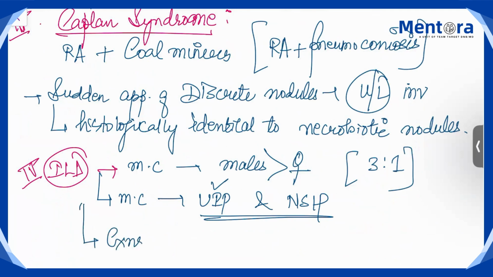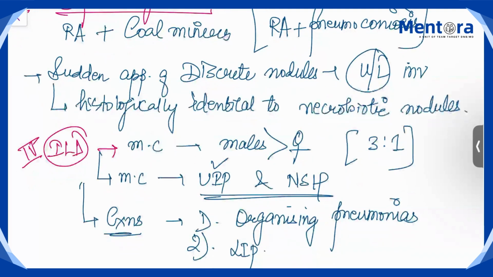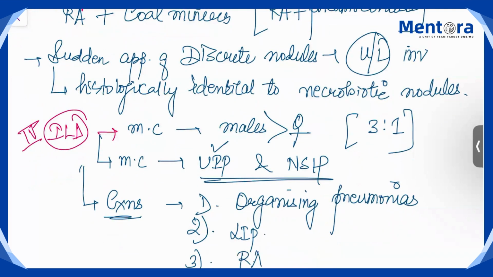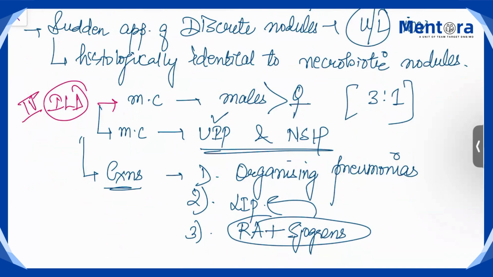Along with simple ILD, it can also present with complications like organizing pneumonias and LIP, that is lymphocytic interstitial pneumonia. This LIP is associated with rheumatoid arthritis with Sjogren syndrome.